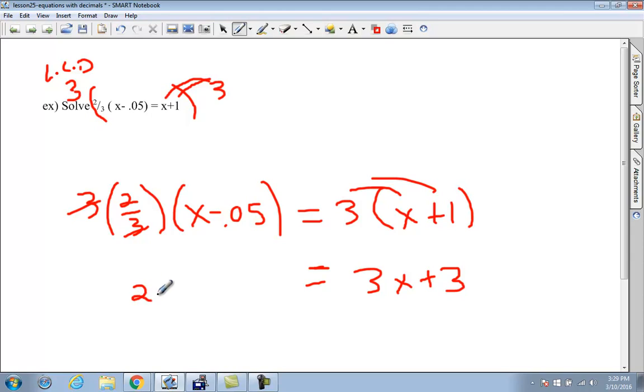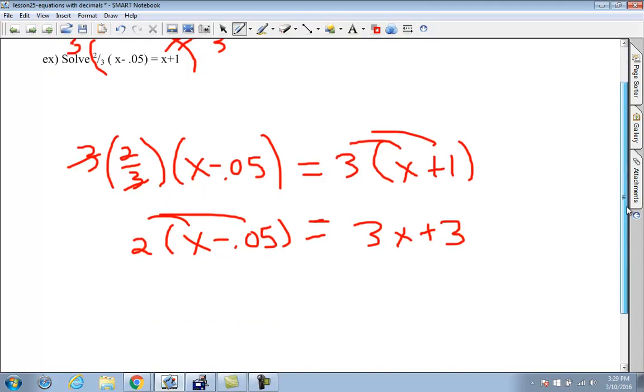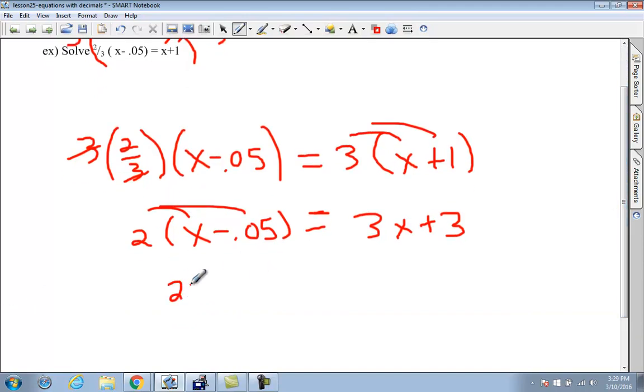And on this side of the playing field, that was the whole point, was to clear that fraction. So now I'm going to have 2, and then distribute that 2 through the parentheses. Bing, bing. Okay? And then I arrive at 2x minus, and maybe by now you're getting good at doing that in your head. 2 times 0.05 is 0.1. And of course it's negative, so negative 0.1. And then equals 3x plus 3.